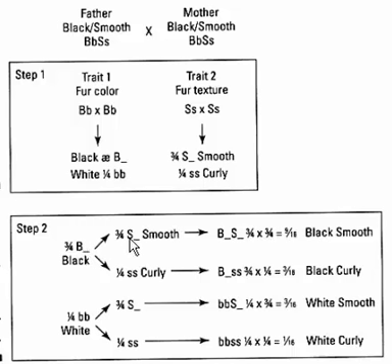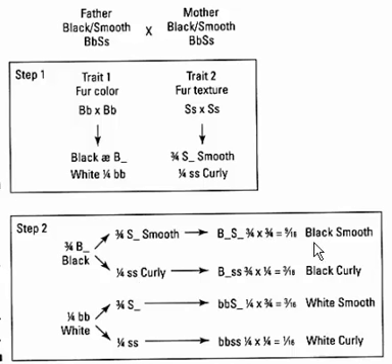If I asked you what was the probability of getting a black and curly offspring, then it's 3/4 for black, 1/4 for curly, so 3/4 times 1/4 is equal to 3/16. So we would expect 3/16 of the offspring to have at least one dominant B as well as both recessive S's.